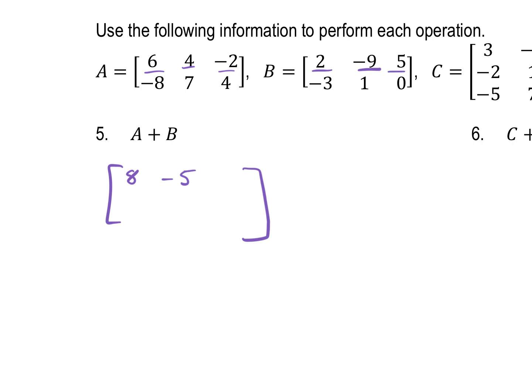Negative 2 plus 5, 3. Negative 8 plus negative 3 would be negative 11. 7 plus 1 is 8, and 4 plus 0 is 4. It's a lot of little math going on here, so just take your time, don't rush it.